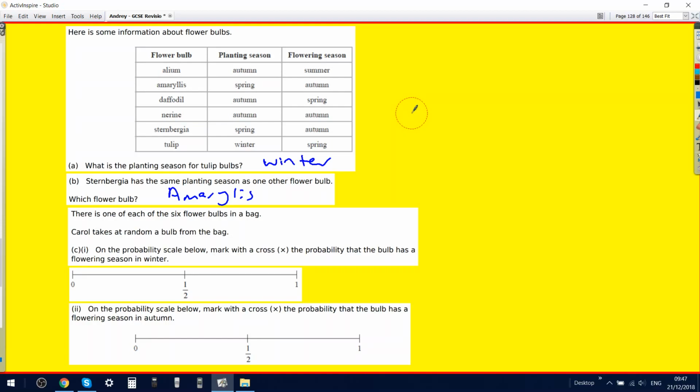So do I need to do like a sixth of on that scale? Why is that? Because in the planting season bit, winter is like 6 different seasons. It has a flowering season in winter.